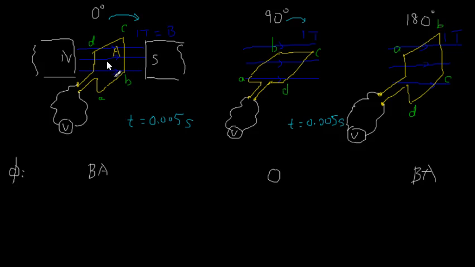You have this magnetic field going to the right, and you have the area perpendicular to it. As this rotates by 90 degrees, the magnetic flux decreases to 0. So there is a decrease in the magnetic flux going through here.